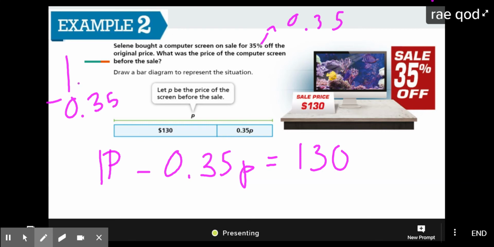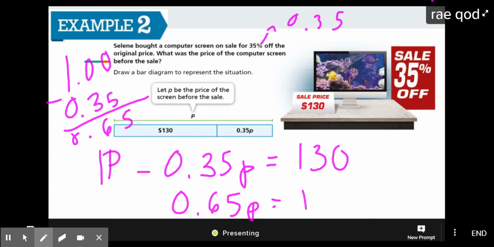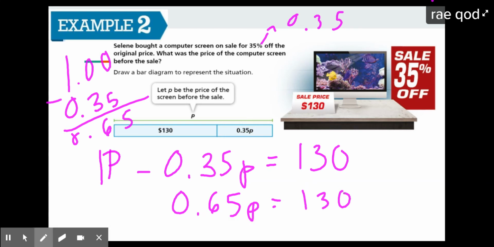And this is all 5th grade stuff coming back. We know this gives us 65 hundredths, 0 and 65 hundredths. So we know that they paid 0 and 65 hundredths of the price, which gave them 130. And then again, we just solve for P. So 65 hundredths and P are being put together through multiplication. My inverse operation is to divide.